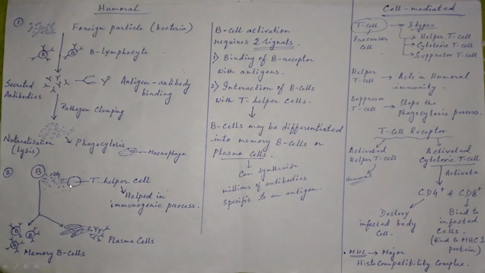Okay, and from there what happens? Two cells are produced after their reaction. What are those two cells? Memory B cells and plasma cells. Memory, once you catch hold of memory, you will never forget. Our human memory also works like that.